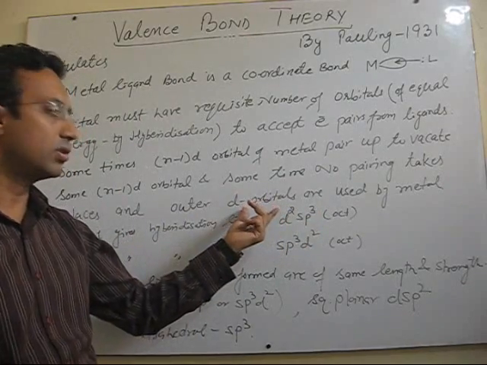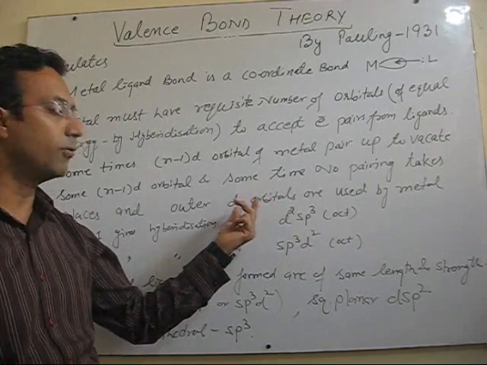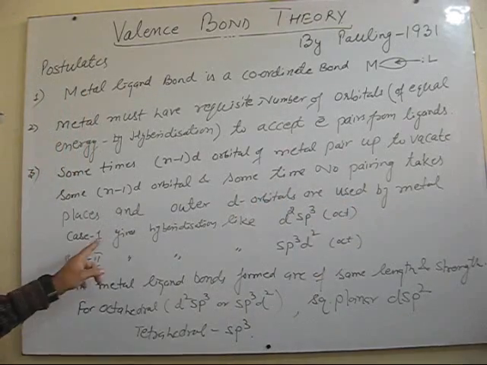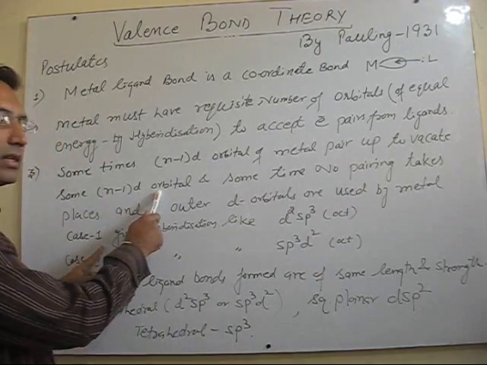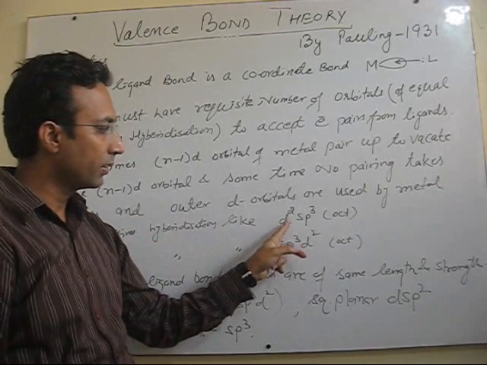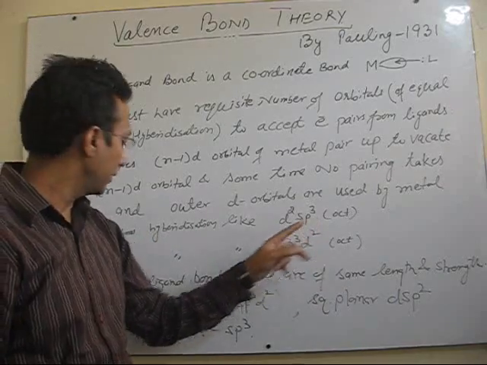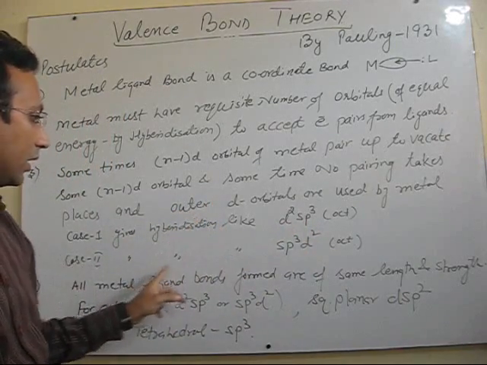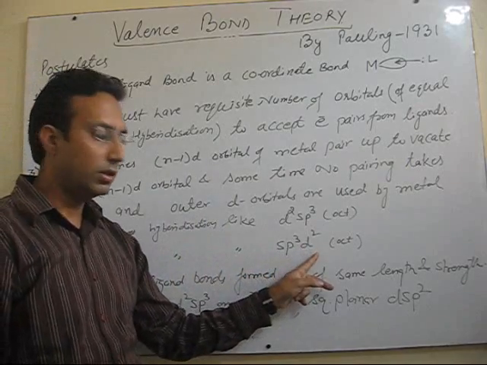For example, in the first series of transition elements, it is the 4d orbitals that are used by the metal. Now in the first case, if inner d orbitals are used, then in case of octahedral the hybridization will be d2sp3, and in case 2, if the outer 4d orbitals are used, then the hybridization will be sp3d2.